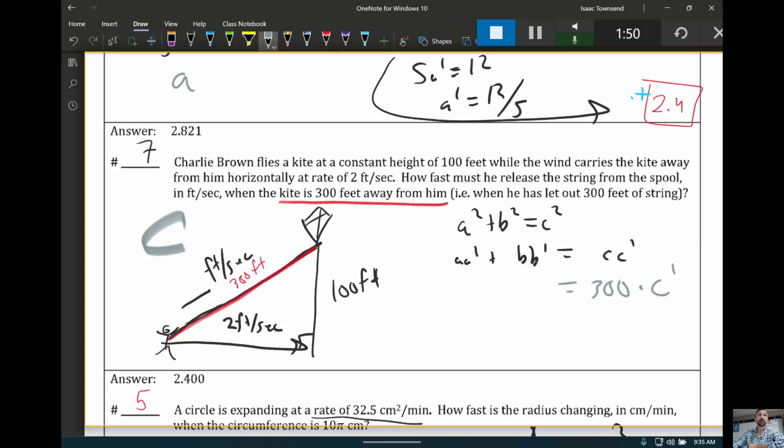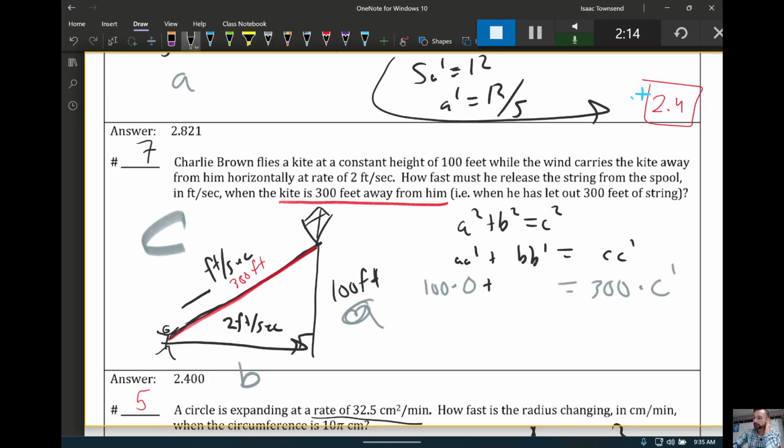The other 2 sides don't matter so much. One side needs to be called A, the other side needs to be called B. So A, I know, is 100 feet. A prime is how that's changing. Well, it's saying that it's staying at a constant height of 100 feet, so it's not changing. So A prime is 0.